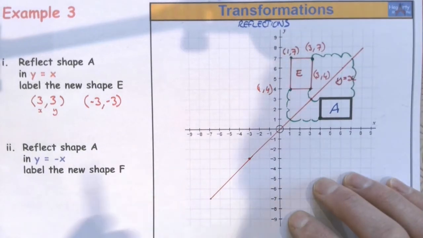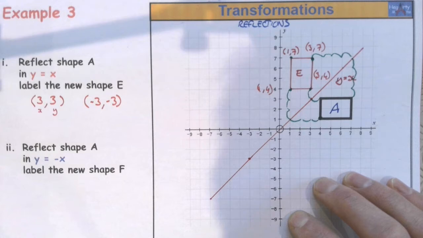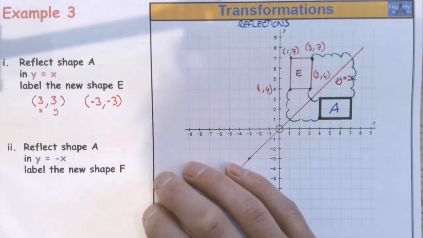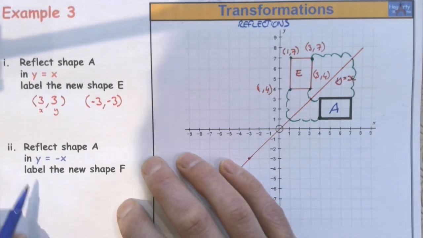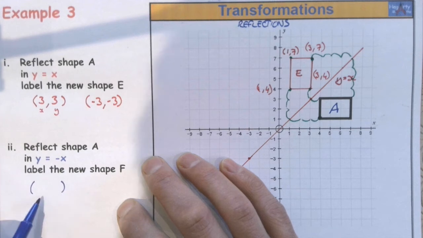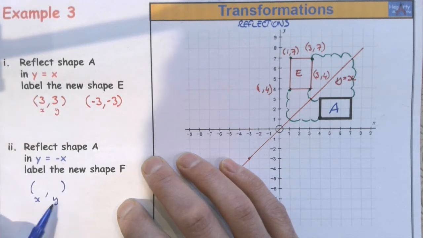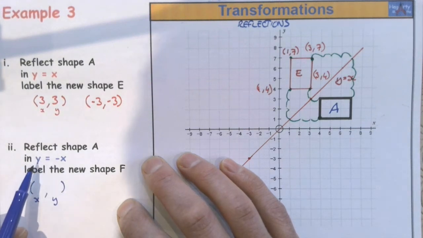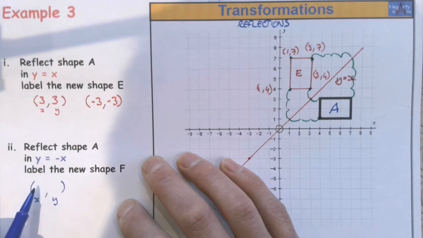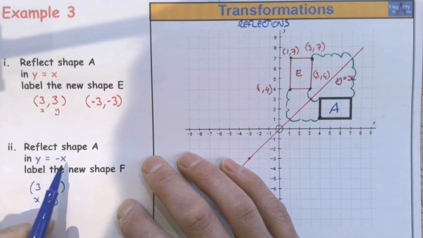And the second part of the problem is we've got to reflect our shape A in y is equal to minus x. So if we think about some coordinates then, right, so if x is 3, then y is going to be minus the x, right?